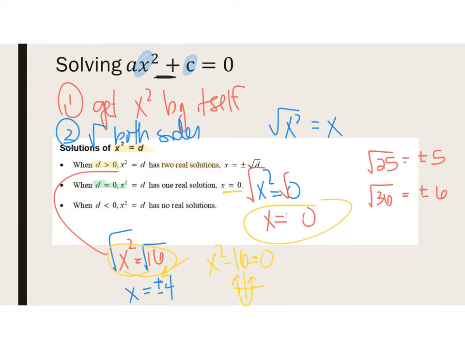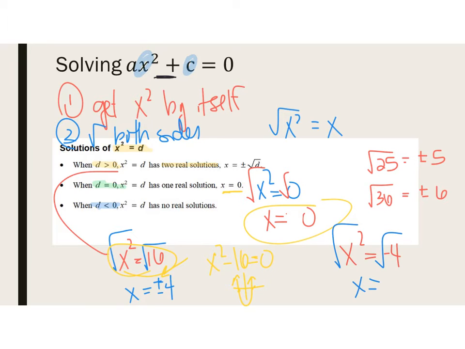The third case we want to look at is what happens when your constant is a negative number, a number less than 0. That would be something like x squared equals negative 4. If I square rooted both sides, what's the square root of negative 4? If you do that in your calculator, it's going to give you an error.